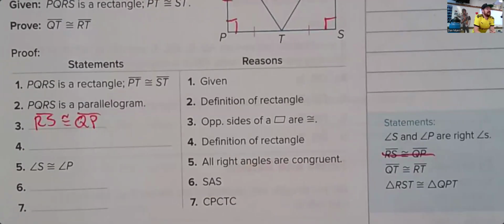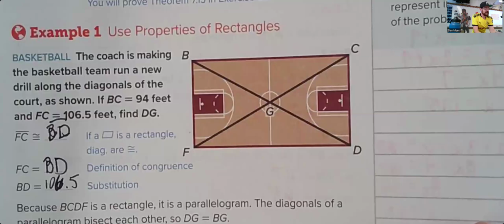All right, now we're going to use the definition of a rectangle to make a statement. Look at the statements that we have over on the right. Which of those looks like it would be because of the definition of a rectangle? Yeah, because the definition of a rectangle from yesterday says, we've got it right here.